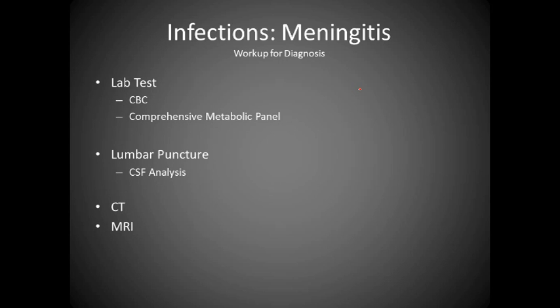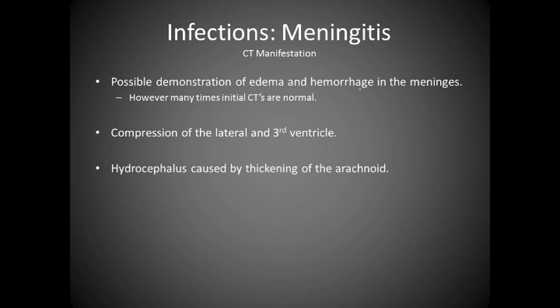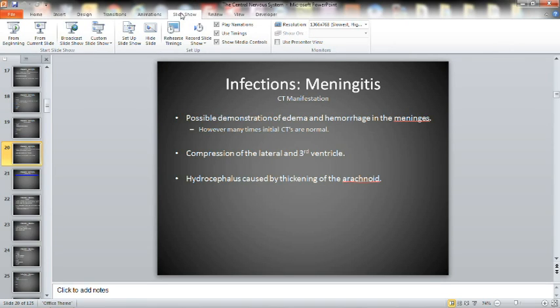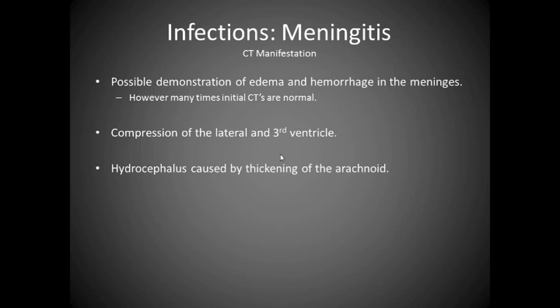So the workup for diagnosis for meningitis initially is the lab test, such as CBC and comprehensive metabolic panel. Once again, we find that lumbar puncture is the way to go, simply because it allows cerebrospinal fluid to be analyzed and then returned back after the analysis. Additionally, CT and MRI can be utilized. Okay, so that brings us to what meningitis actually looks like on CT.